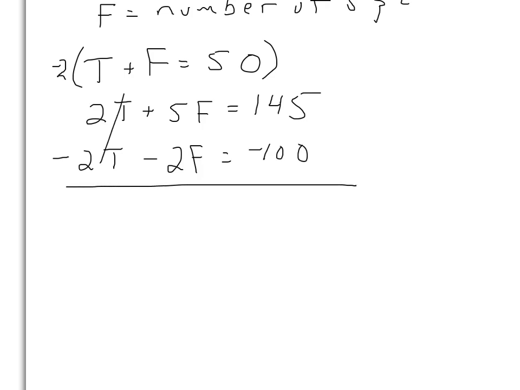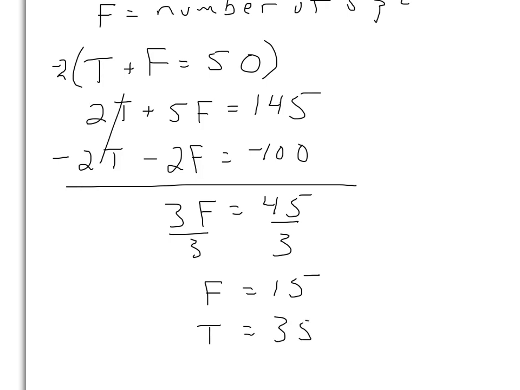So those cancel out. That means 3f equals 45. Divide by 3, divide by 3. So the number of 5-point questions is 15. The number of 2-point plus 5-point adds up to 50. So that means the number of 2-point is 35, because 35 plus 15 is 50.